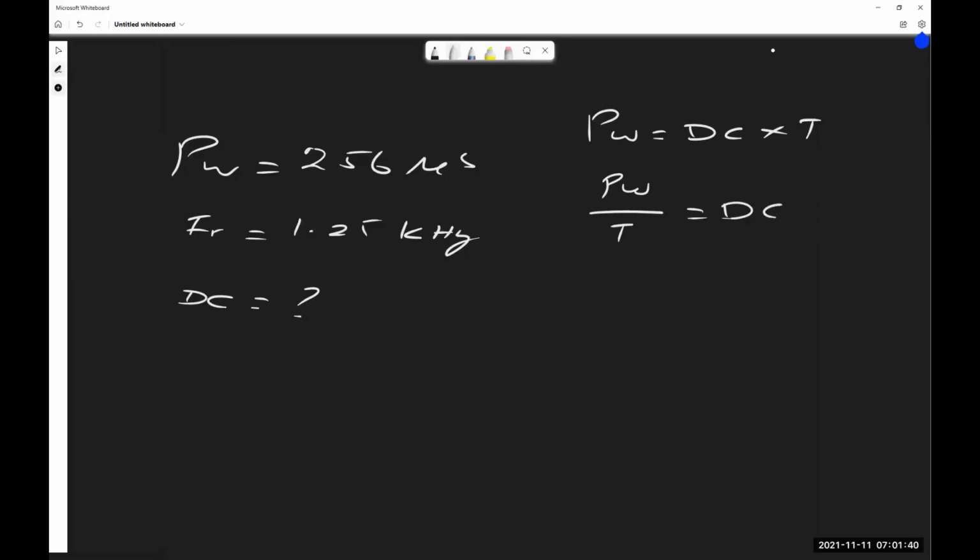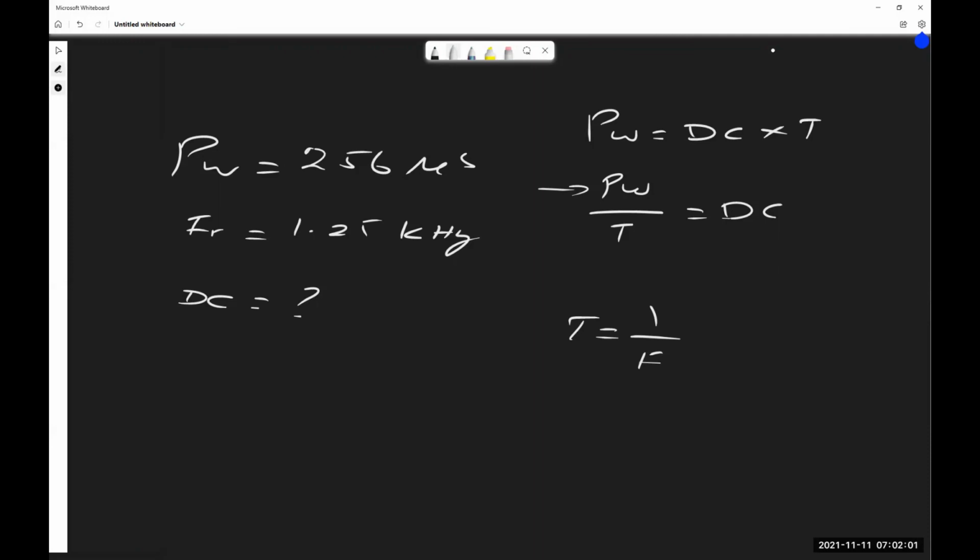In this example, the pulse width is given, but we don't know the time, but we know the frequency. Time is equal to 1 over frequency. So if we find the time, it's a matter of applying it here to get the percentage.